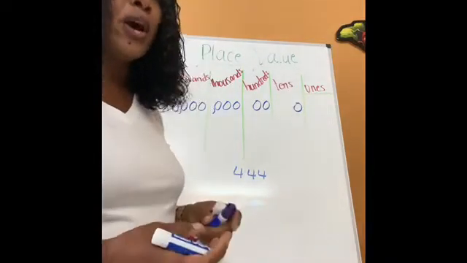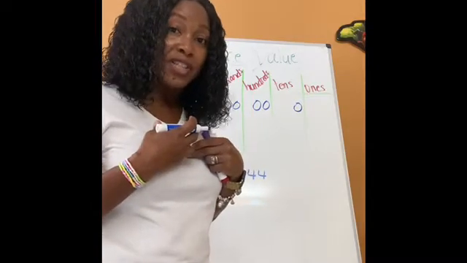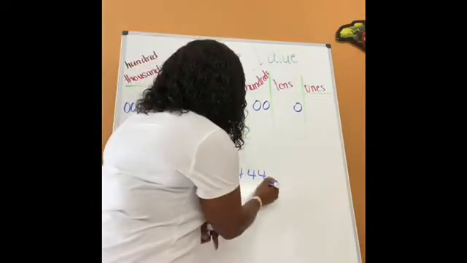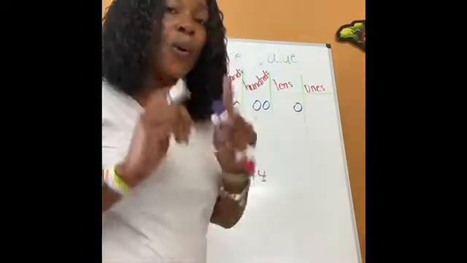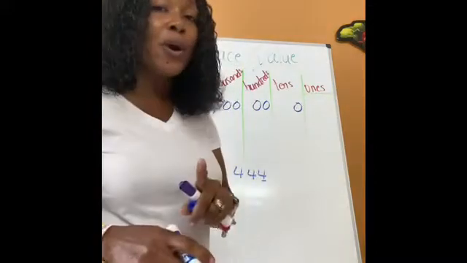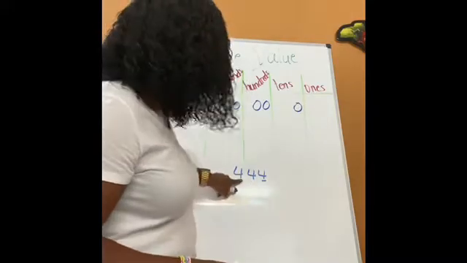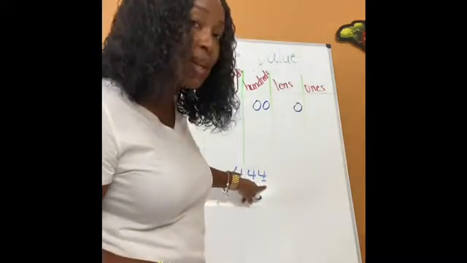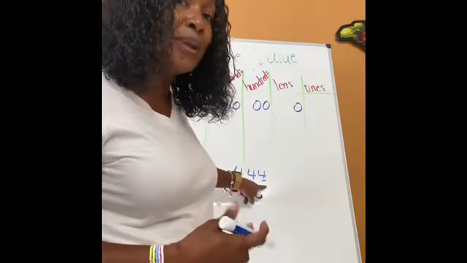It's 444. Now, when I am putting my digits on the place value chart, I either start with the digit to the extreme right, so I would have to go backwards with them, or I like to count my digits. So I have 1, 2, 3 digits. I don't want to make any mistakes when I'm putting it on my place value chart.